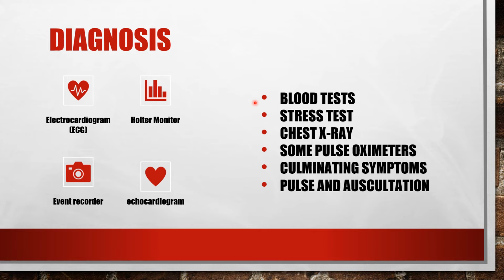Things like blood tests, stress tests, chest x-rays, pulse oximeters, multiple symptoms coming together, or even heart rates or auscultation, listening to the chest or the heart with a stethoscope. These are also great ways to find or detect or diagnose AFib, but for the most part, they're also very useful in helping us rule out other things that it could be.